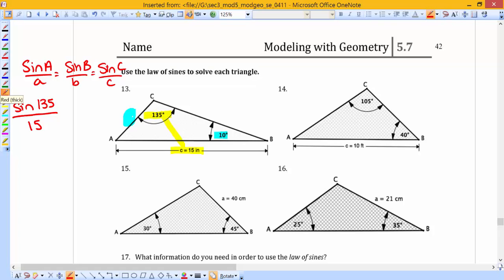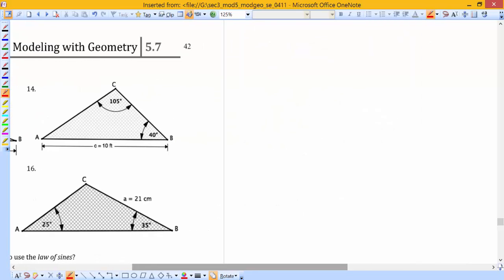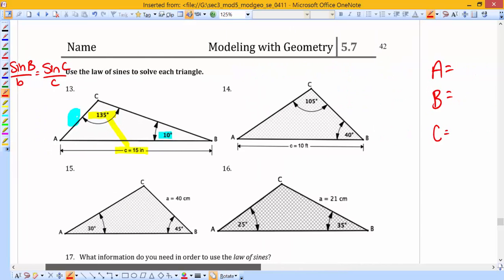So that's what I'm going to find. This is angle B. It might help, let me go off to the side. It might help if you go capital A, capital B, capital C, little a, little b, little c. And then you can take that information from your triangle.